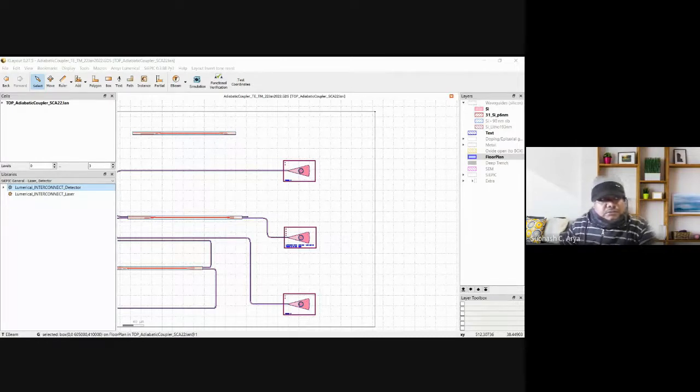So this was 40E, let me see where 40E is. Design, adiabatic coupler, simulation.